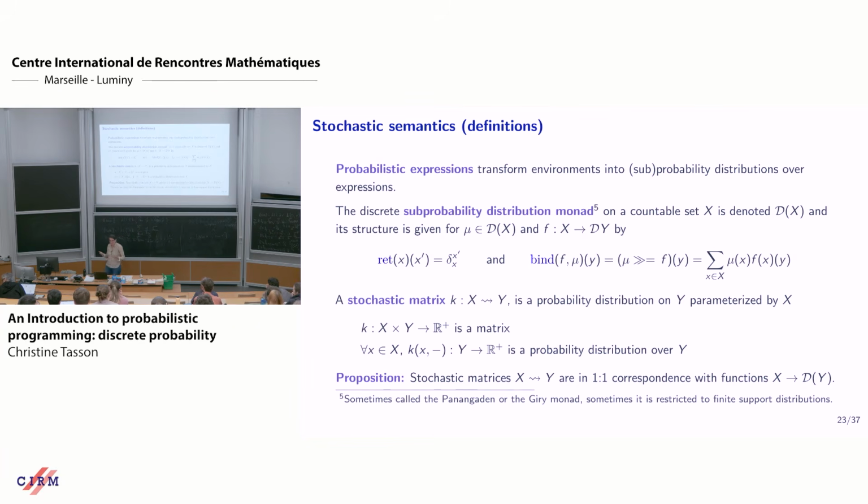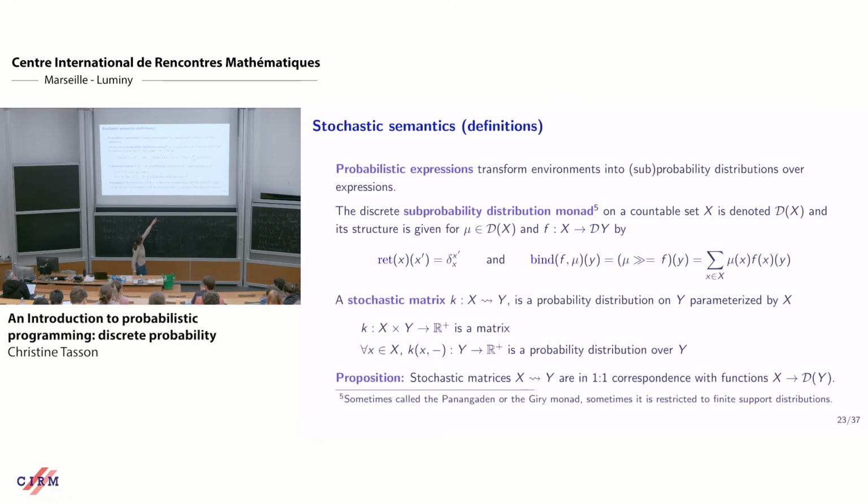Okay, so what I'm doing here is I will use the subprobability distribution monad on a countable set. And we'll denote it as D of X, and its structure is given for any X. So it's a monad, so there is a unit and a bind, and the return is just the Dirac on X. And the bind is like this.